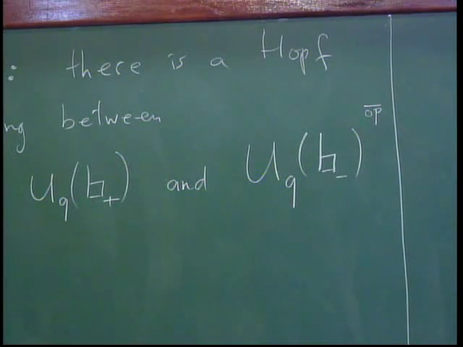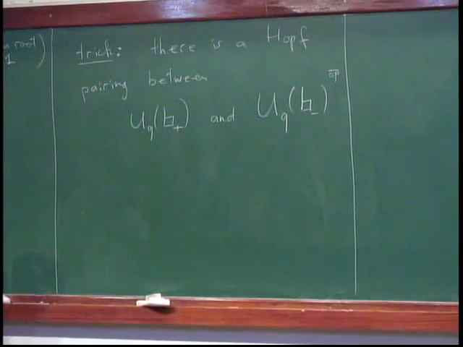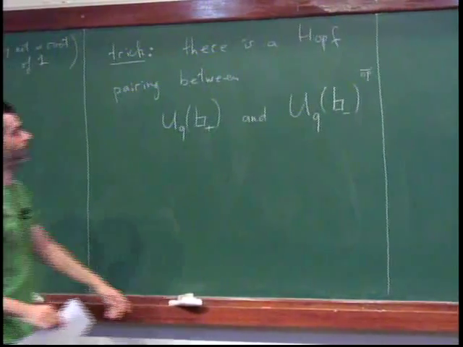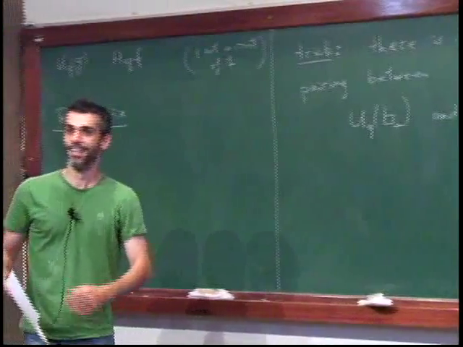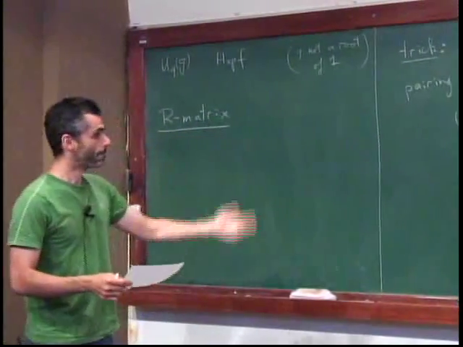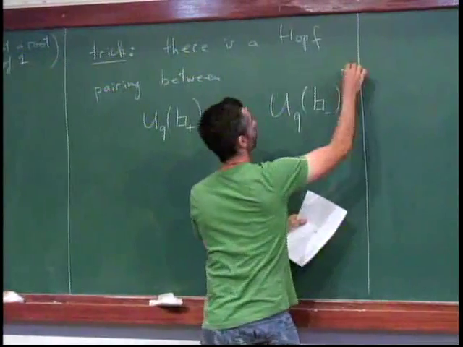Chris and I had an argument yesterday as to what is the best notation for this, and somehow we concluded that all notations are bad. So I'll use a bad notation which is different from Chris's favorite bad notation. Anyways, so this means opposite coproduct.